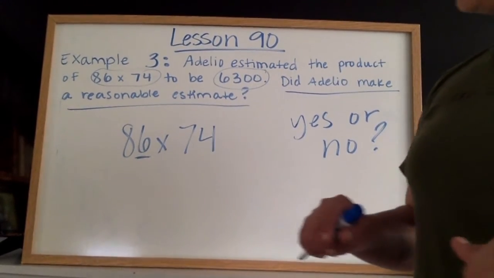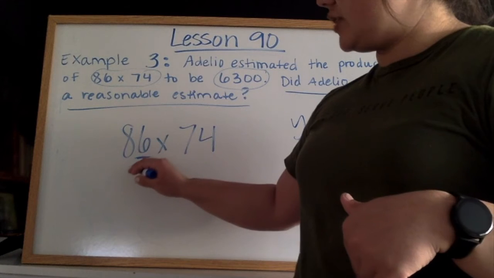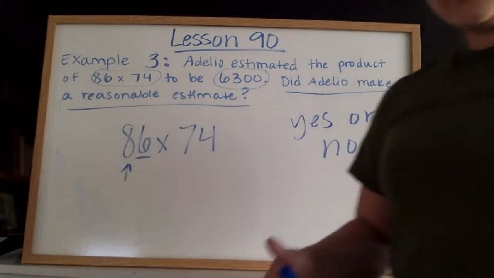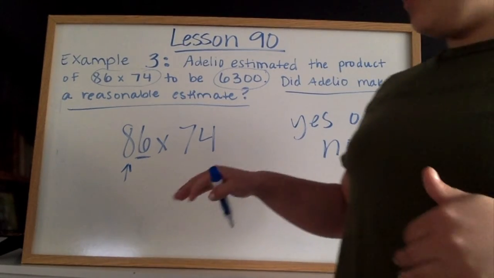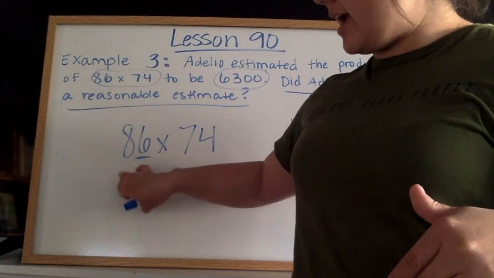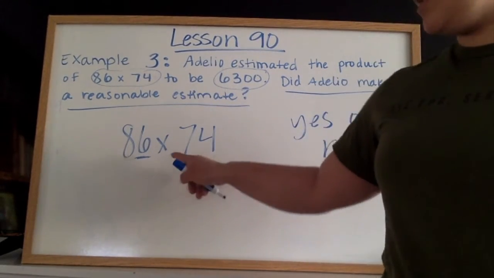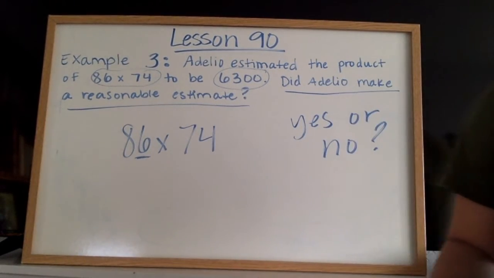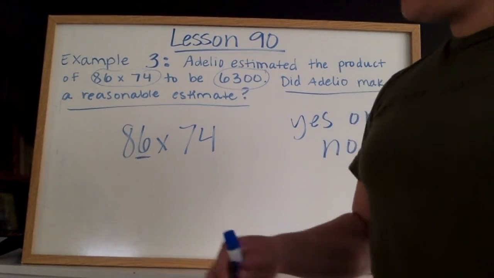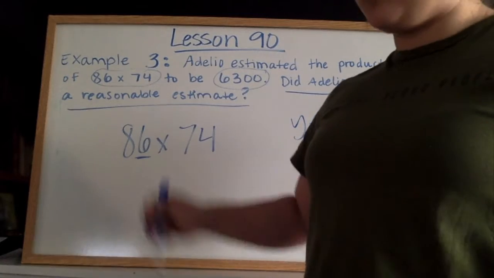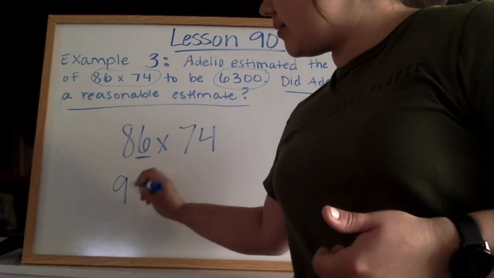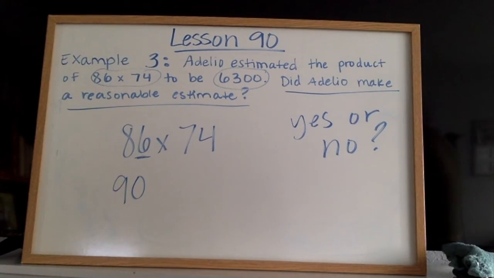What I mean by that is we're going to either change this 8 to a 9 and raise the score, or, for 4 or less, let it rest, we'll just leave the 8 the same and this becomes a 0. Since it's a 6, that means it's greater than 5, so we're going to raise the score or round up. So this actually becomes 90.